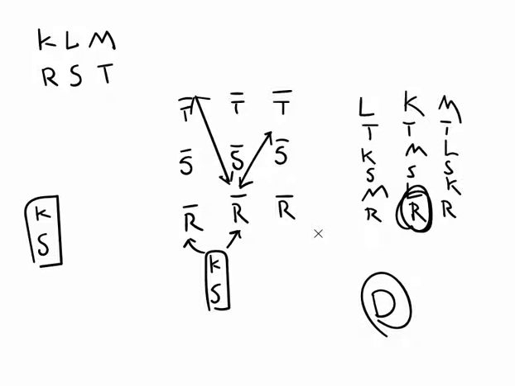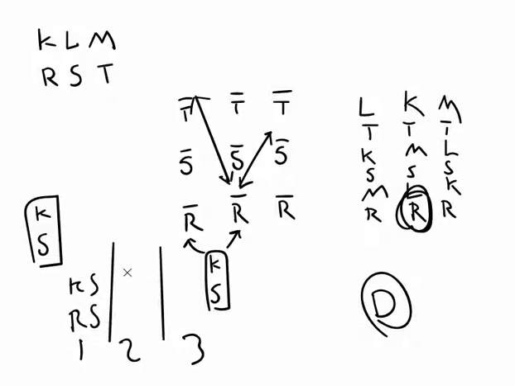The only thing that was tough really was this setup. If you tried to treat it like a grouping game and say K and S are here together and R and S are here together, I think that gets messy.